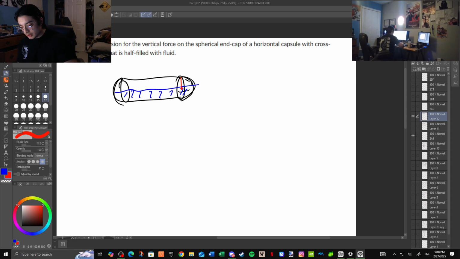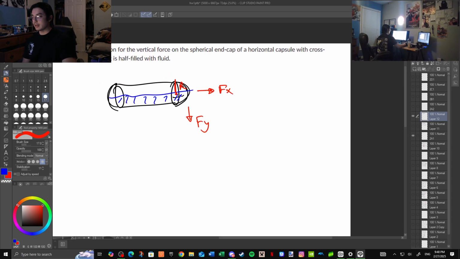So the figure has radius r for its spherical end caps, and the fluid is pushing horizontally and vertically against the end cap.